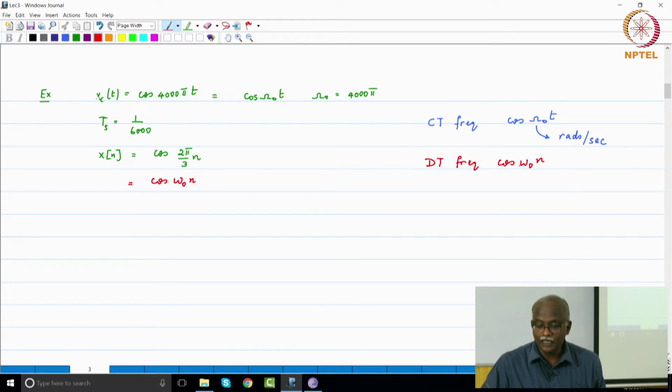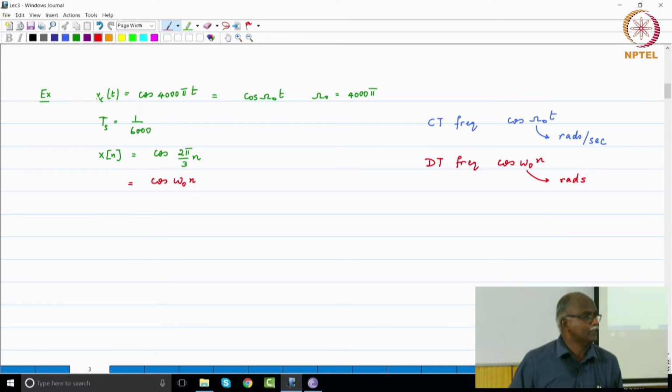But if you want to take cosine of something, it has to have radians as the units. So, omega naught in this case has got radians as its unit. Okay. So, there is a difference between what we call the continuous time frequency and the discrete time frequency.